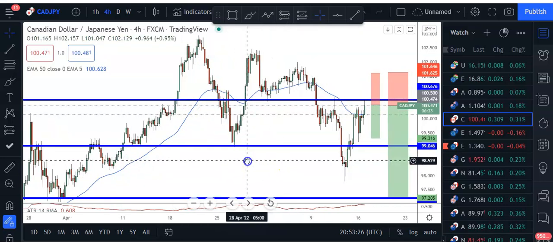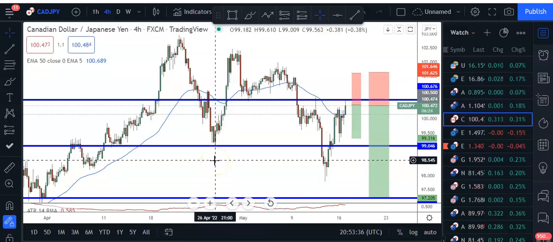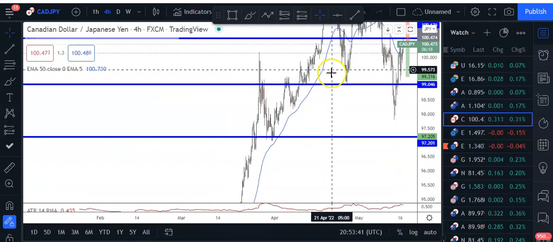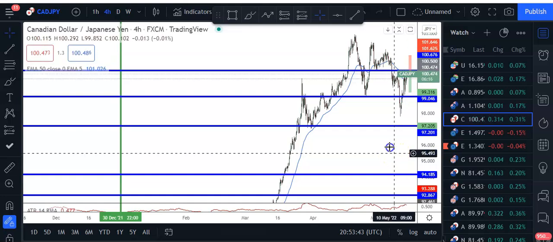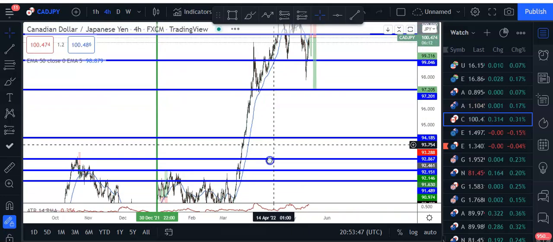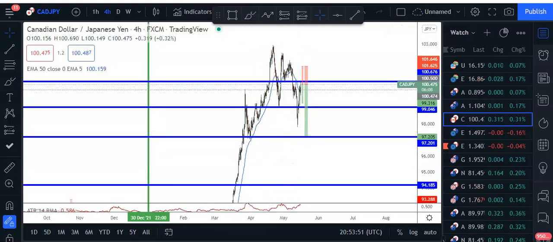So just to tell you in short what's happening in this pair, is that this pair is showing signs of reversing. You can look here with me. This pair has been in a serious uptrend, so I'm seeing some reversal structure that's taking place in this area. That's why I want to talk about this pair today.